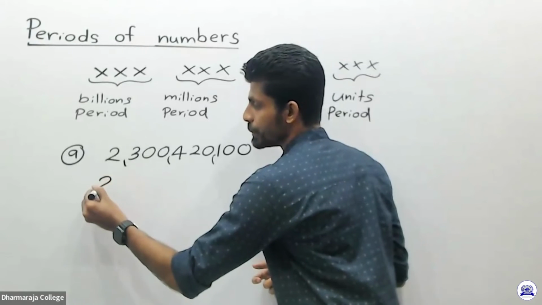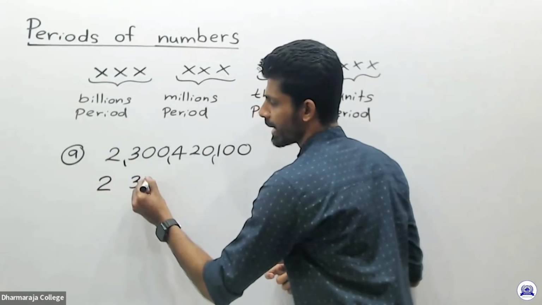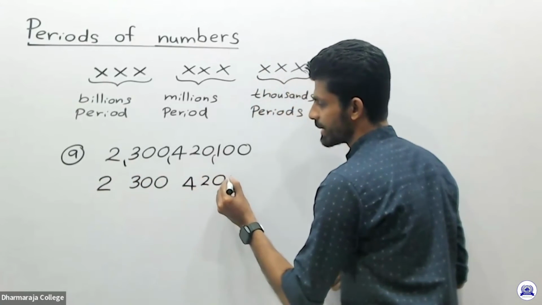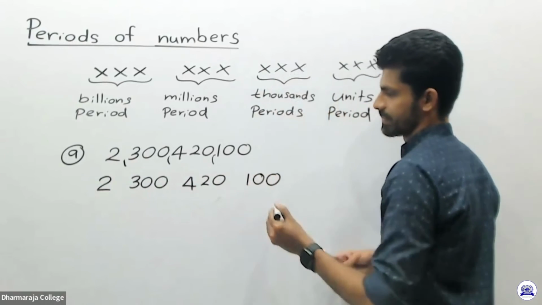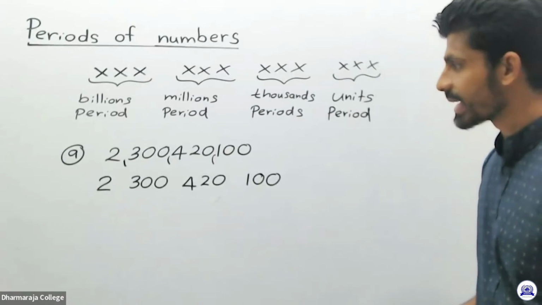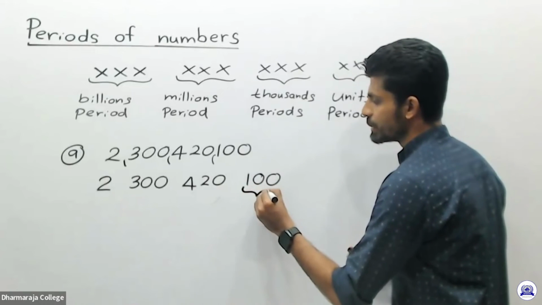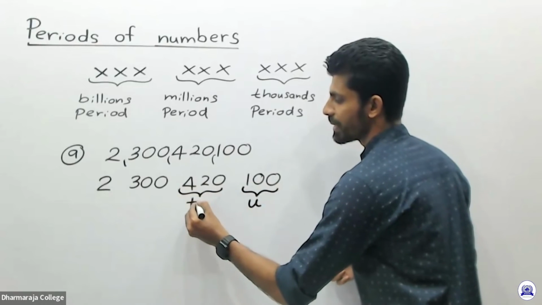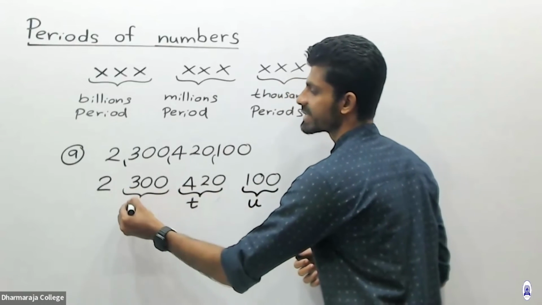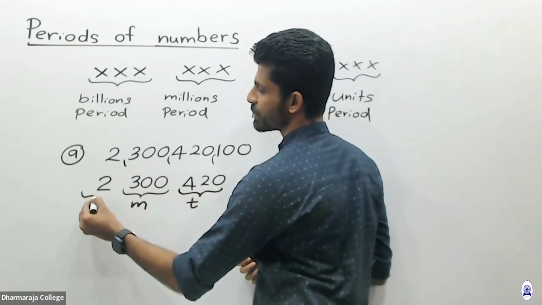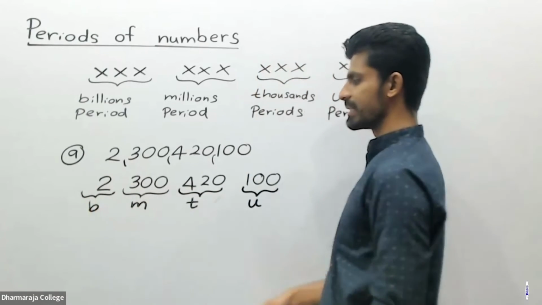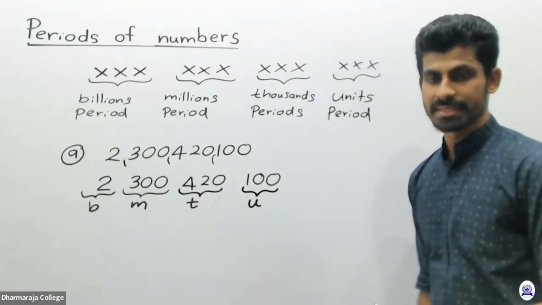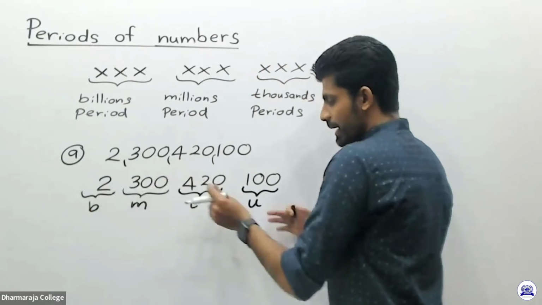This one is known as units period, this one as thousands period, this one as millions period, and this one as billions period. How to read this one?